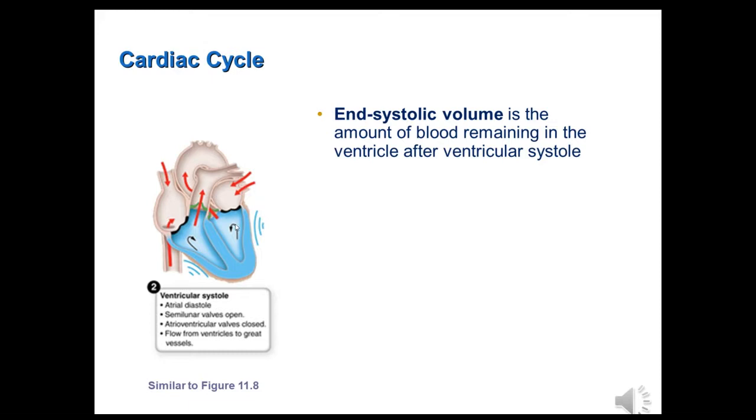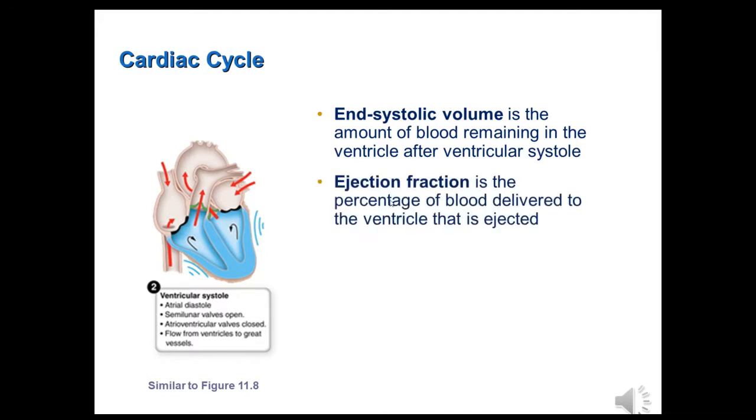So what about after these ventricles contract? What's left in the ventricle is the end systolic volume. The ejection fraction is the percentage of blood that was delivered to the ventricle that was ejected.